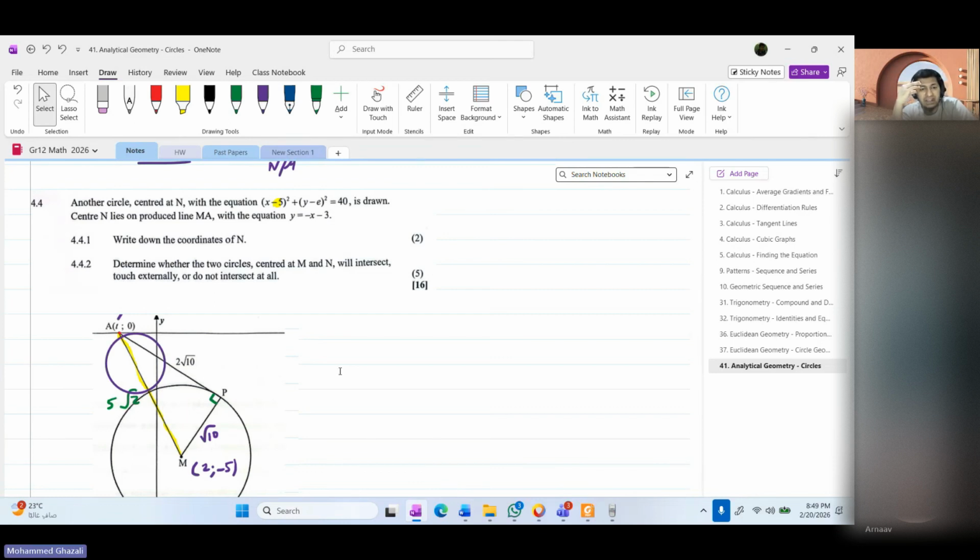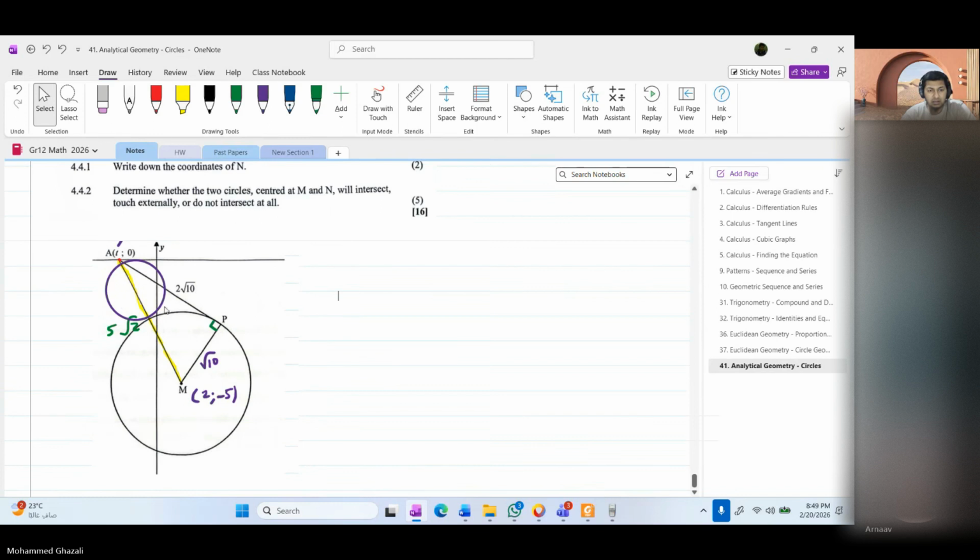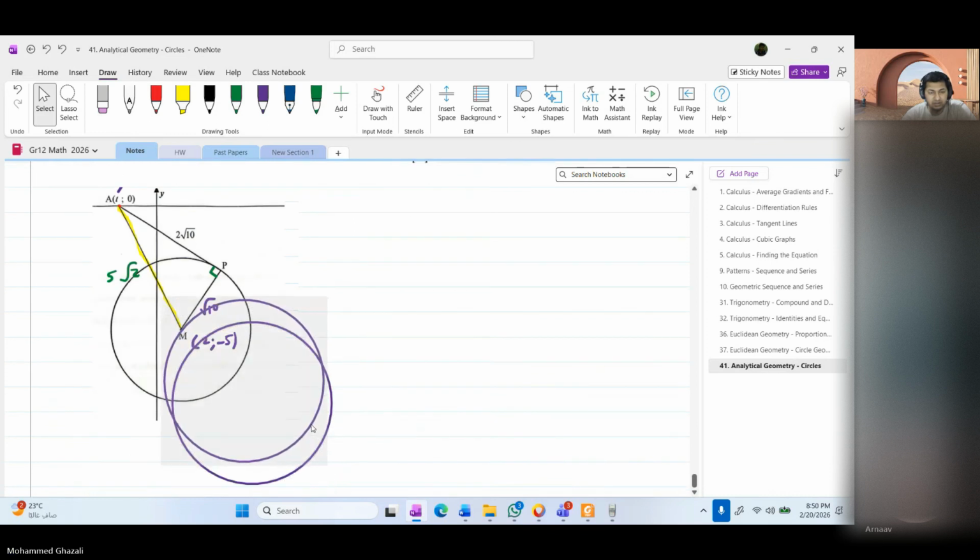Write down the coordinates of N. Center N lies on produced line MA. So is the line produced on this? Okay, so it can't lie there. So the produced line is somewhere around here. Yes. Okay. So it has to lie around there somewhere.